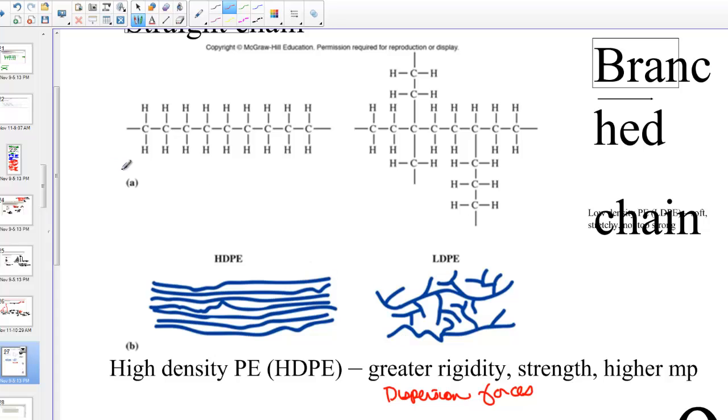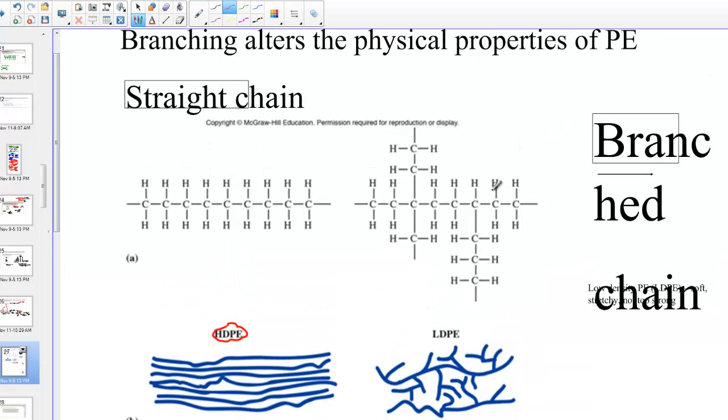The longer, straighter the chain, the higher the intermolecular attractions, the more rigid the molecule becomes. The more branched our polyethylene is, the less structured it is, and we start to see that it's able to be stretched and has a less rigid structure.